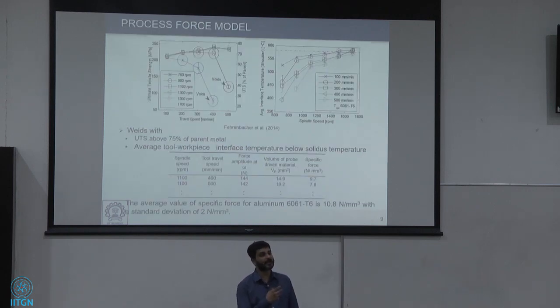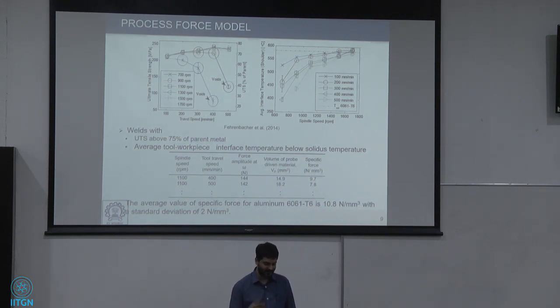Now, in order to identify a value for this K, from the experimental work which was done by my predecessor, we took a bunch of data and identified a set of good welds and bad welds, because bad welds we want to ignore. Bad welds are those which have discontinuities in them.